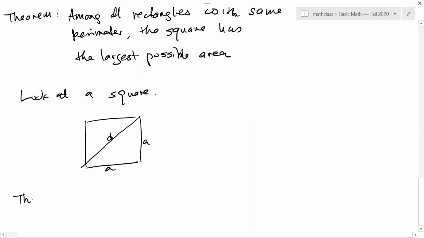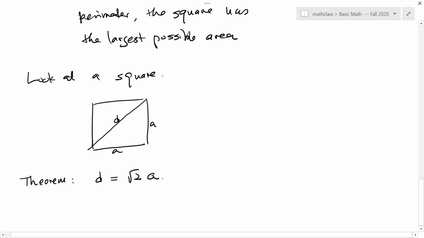We have another important theorem. The length of the diagonal of the square is going to be square root of 2 times a. What is the square root of 2? How big is the number, right? If you look at the calculator, square root of 2 is an irrational number. It's about 1.41.